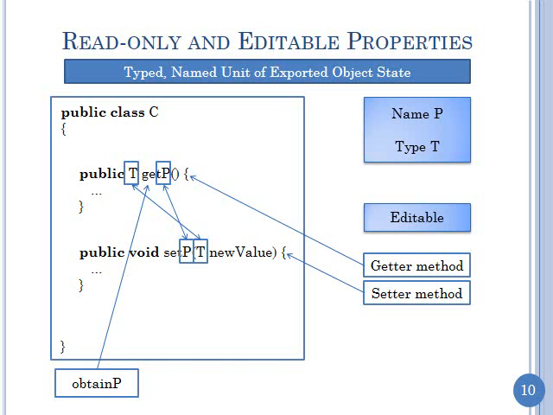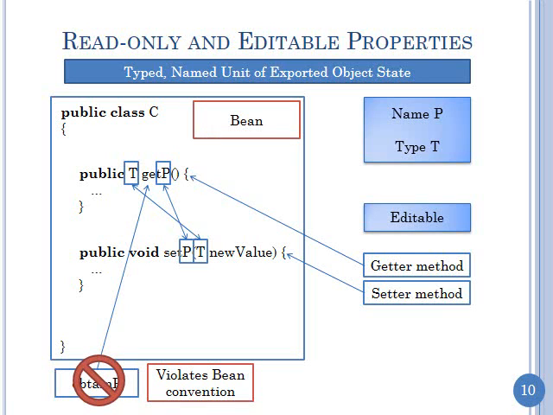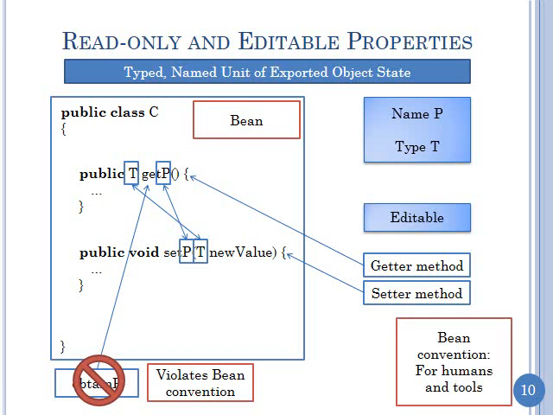You can't just say obtainP, as that violates the bean convention. So this is why it's called a bean. The bean conventions are for humans and tools. If you're working in a company, they'll say, please adhere to these conventions so that we can understand your code. But if you want to build a collaborative tool that is going to take any object and make it collaborative, it helps to know what's going on in the object, whether it's a bean or a list or some other kind of object.